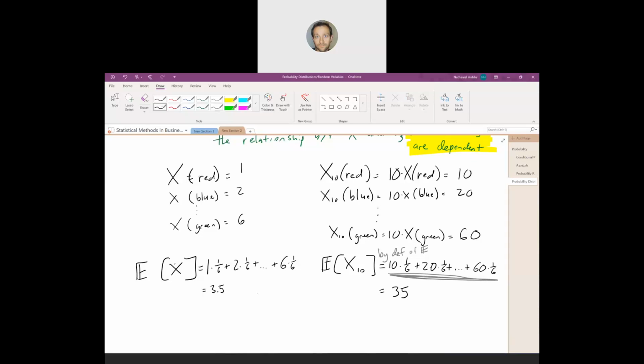Is it true that E of 10x, actually, you know what, I don't need these. Yeah, we're just multiplying it by the scalar.